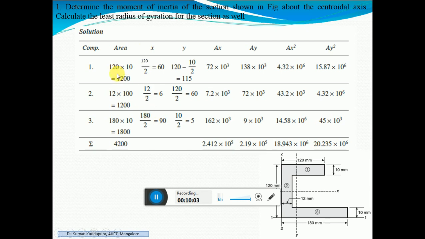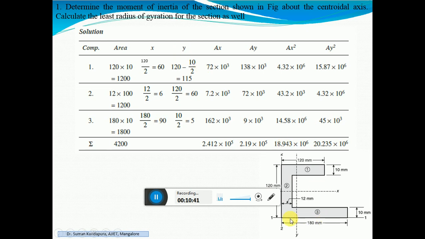Next, the x distance of each rectangle. X distance is always measured from the y reference axis, that is 2-2. From here, where is the centroid of rectangle 1? For a rectangle, I have the total distance b as 120 divided by 2 because it always lies at the center. It is 60. Next one, width is 12 divided by 2, 6. The whole length is 180 divided by 2, 90.